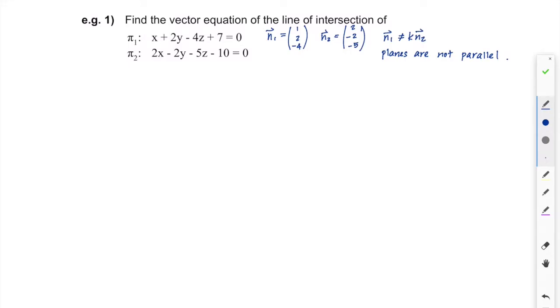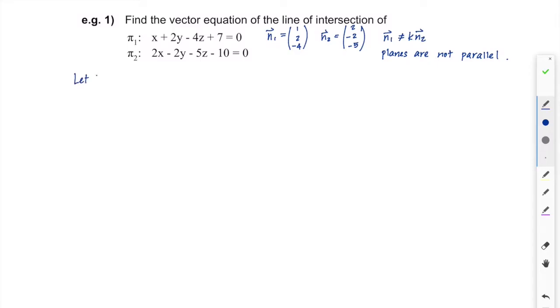Our goal now is to find the equation of that line of intersection. We can use matrices to solve this system of equations and come up with a parametric equation of the line, or you can do this by inspection, noticing how pi 1 contains a 2y term and pi 2 contains a -2y term. So what we can do is eliminate y and write x in terms of z using a parameter.